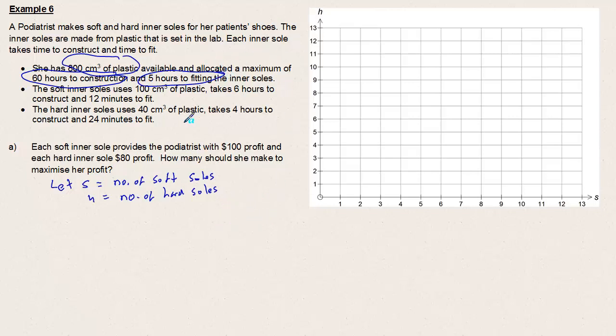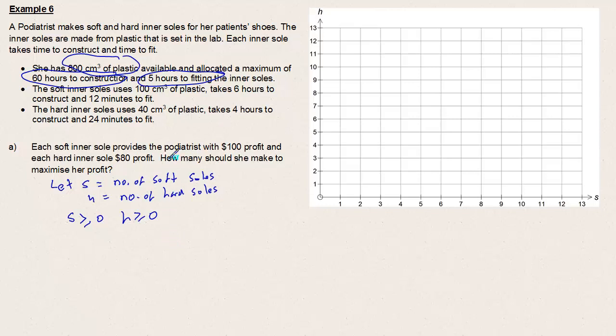So we'll look at those in a moment. But first consider that we have non-negativity, so we must have S greater than or equal to 0 and H greater than or equal to 0.